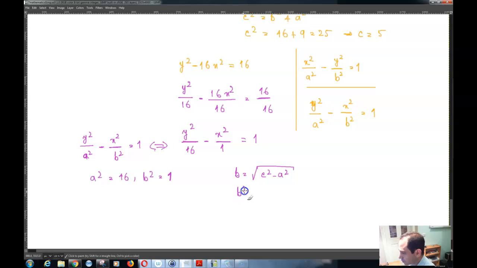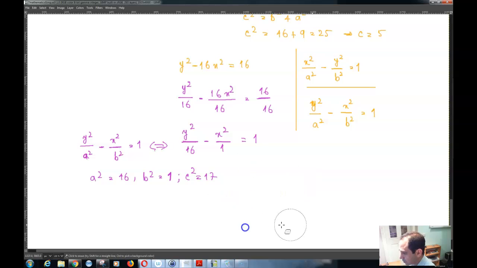And so that means that b squared is equal to c squared minus a squared. Here I want to calculate c. So c squared is equal to b squared plus a squared, which is 17. So that means that your c squared is equal to 17.